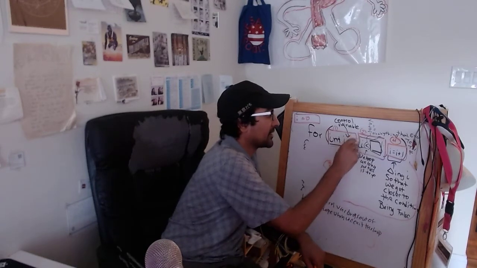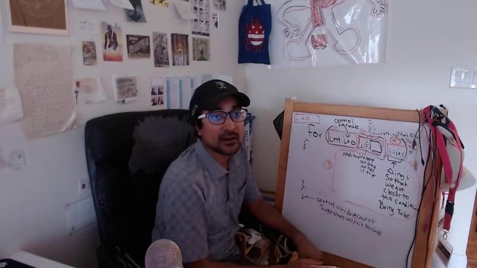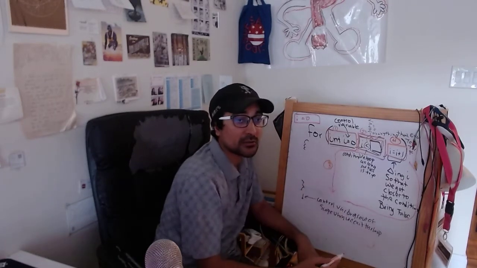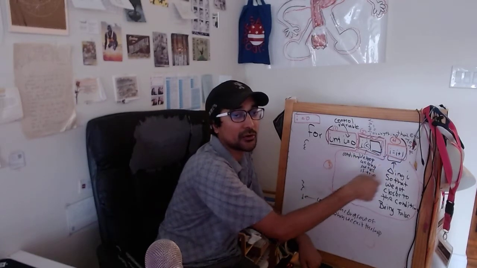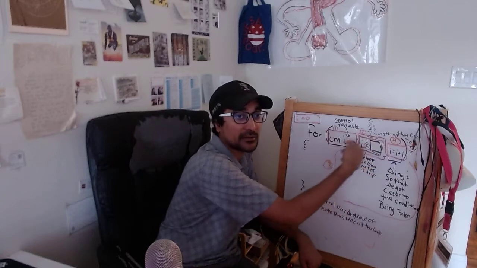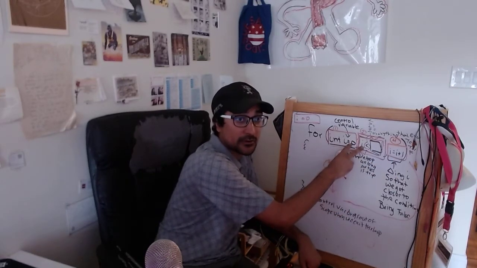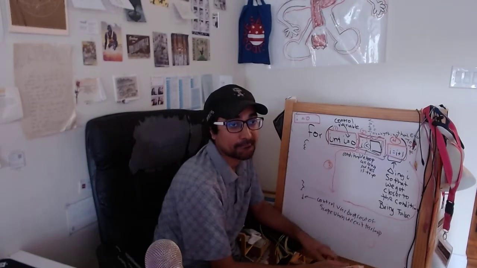Then the fourth thing is we check the condition again. If it's true, we keep on going through. If it's false, we don't. And then we update, check, go through, update, check, go through. So these two are executed the first time you go through the loop, and these two are executed every single other time you go through the loop.